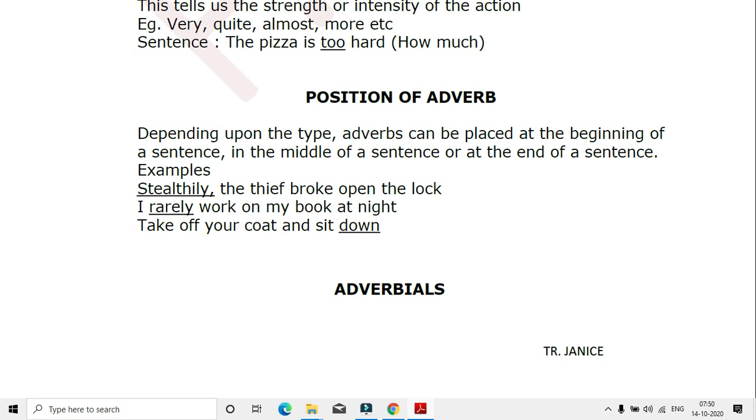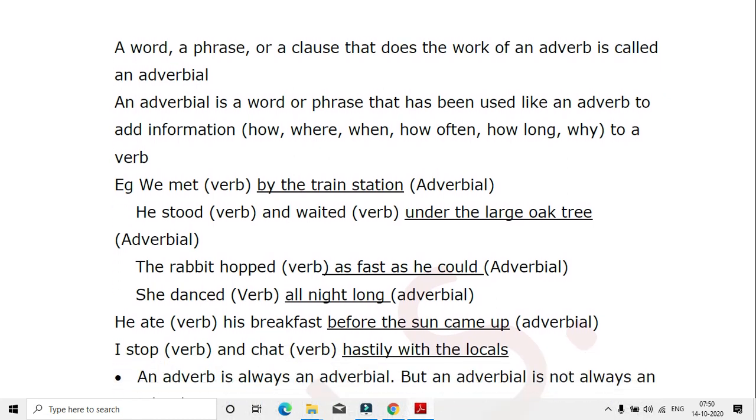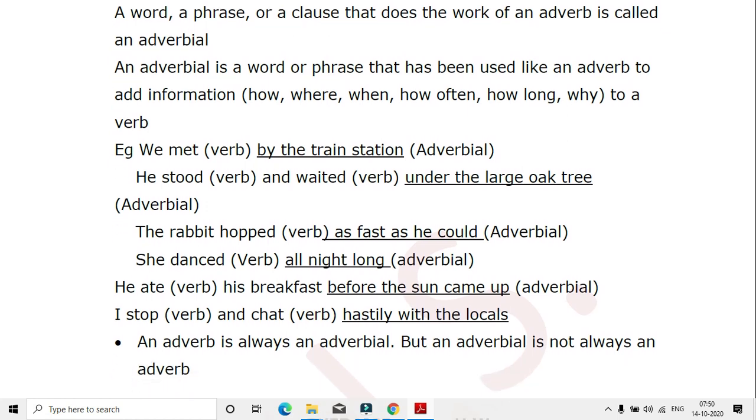Okay, so now let's go to adverbials. A word, a phrase, or a clause that does the work of an adverb is called an adverbial. Now generally an adverb is one word and an adverbial is more than one word, maybe two words or three words or four words.